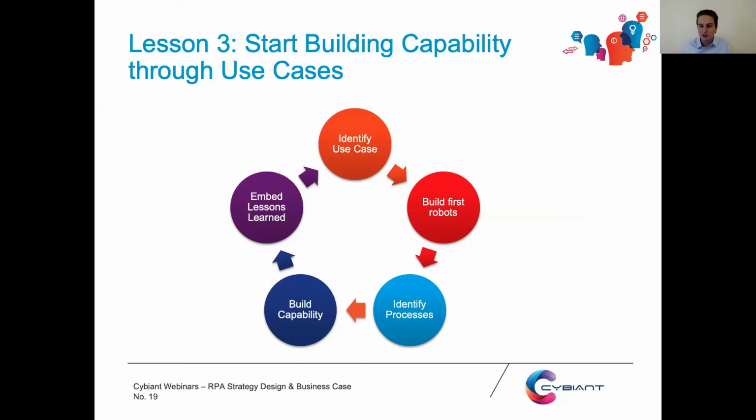So it's a very simple cycle. You start with identifying your use case, then you start building your first robots. You identify which processes they impact. Then you build capability into that particular process. And then you embed the lessons that you've learned. And with those lessons that you've learned in the previous use case, you start identifying and automating your next one.